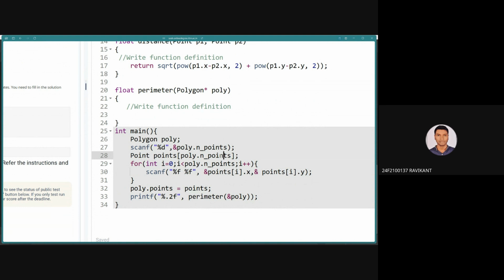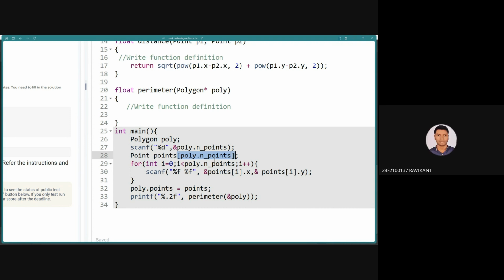Points is not a function. This is a declaration, like we had declared polygon poly over here. We have a point data type, points is the name of the variable, and we want it to be an array of size poly dot endpoints.